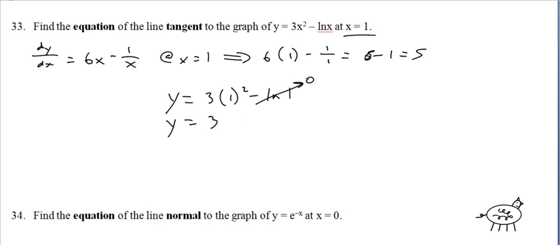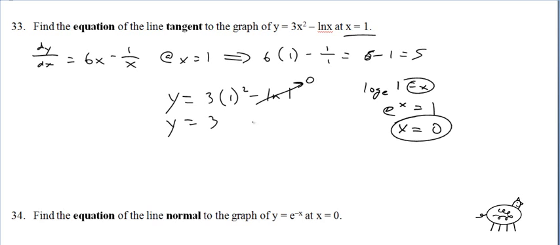It's 0 because, remember, if you write it as an exponential, log base e of 1 equals x, so isn't it e to the x equals 1? Well, how do you get anything to be 1? Anything to the 0 power is 1. So x equals 0. That's why that value is 0. So it's 3 minus 0, which is 3.